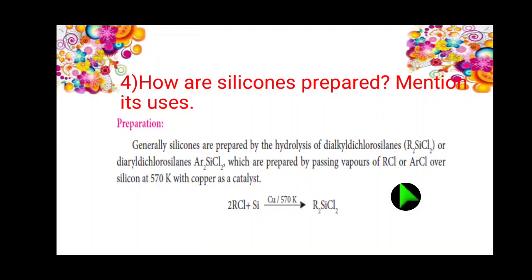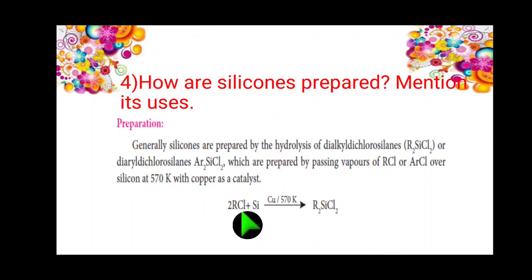Otherwise, diaryl dichlorosilane, maybe alkyl group or aryl group, right? Which are prepared by passing vapors of alkyl chloride or aryl chloride over silicon at 570 Kelvin with copper as a catalyst.